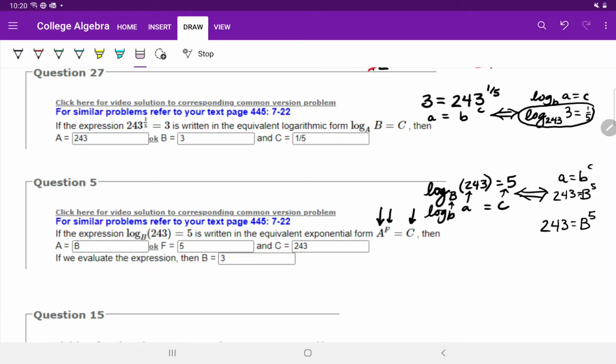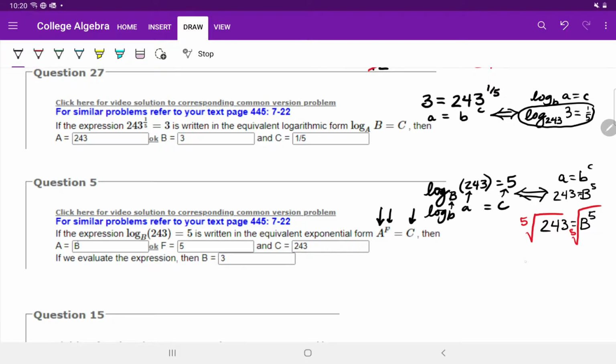Finally, they ask us to actually evaluate the expression. So we're looking to solve for b. Since b is not by itself on one side, instead of b we have b to the 5th power, we have to do the inverse of the 5th power, which is the 5th root. So we take the 5th root of both sides.